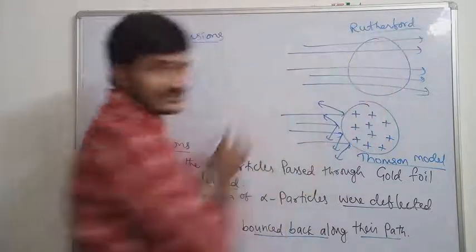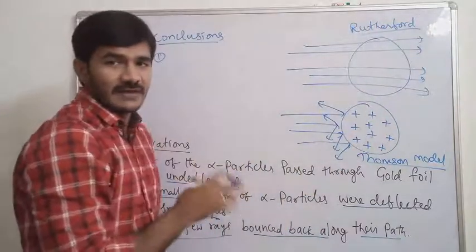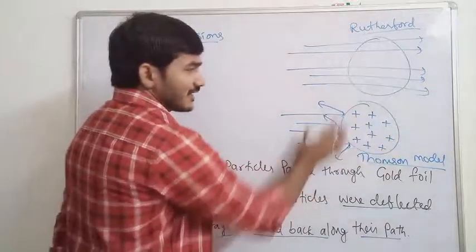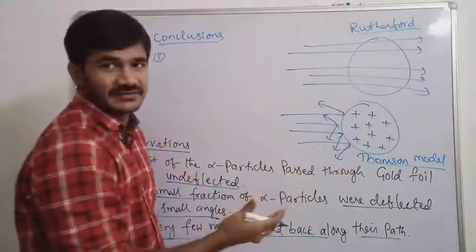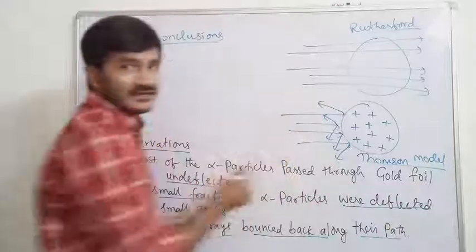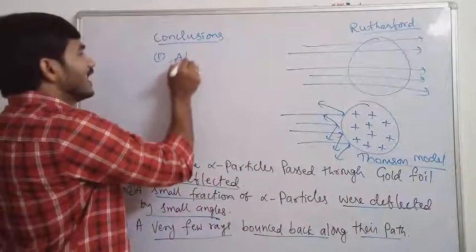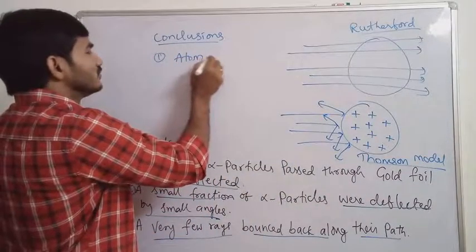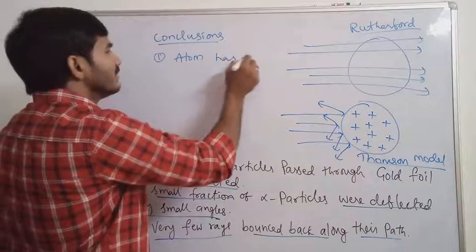Rutherford observed that the atom does not have total positive charge inside it. The total space is what? Empty. So I can write here, the atom has empty space.